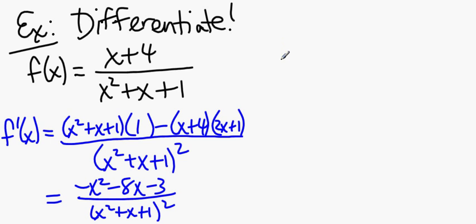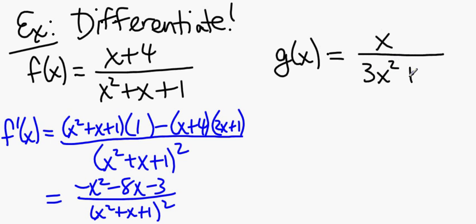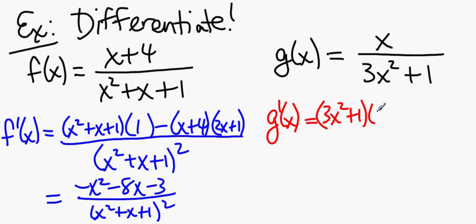I'll show you one more. Here's g of x. g of x is x over 3x squared plus 1. Well, I know how to do that. It's the bottom times the derivative of the top minus the top times the derivative of the bottom.